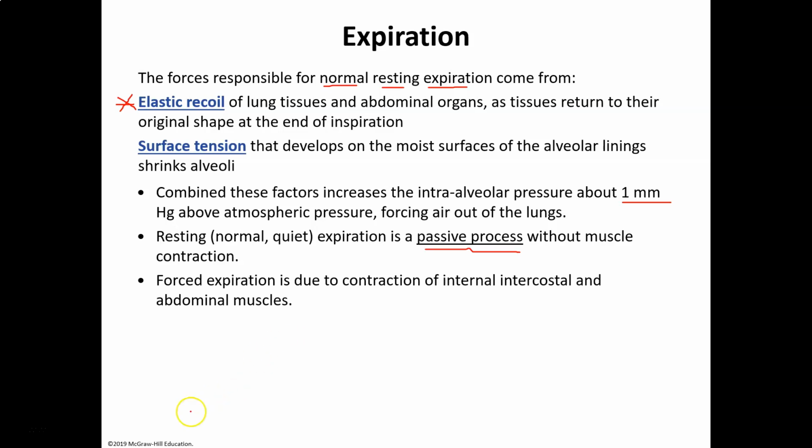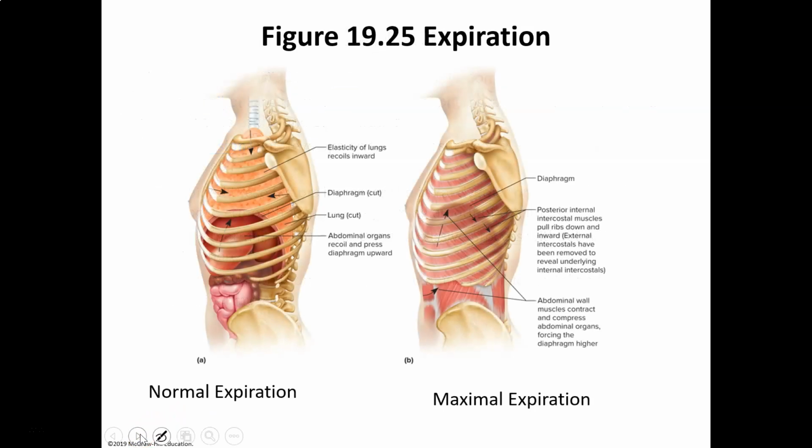That's called forced expiration. So here are the muscles that do that. Typically, the diaphragm doesn't have anything to do with expiration. Elastic recoil at normal expiration is a passive process. But if you're going to force things out, you're going to have to get the internal intercostals to pull the ribs down.